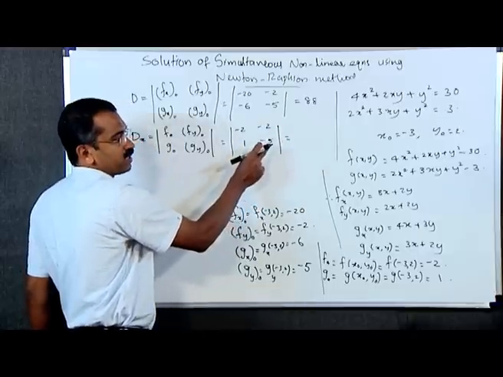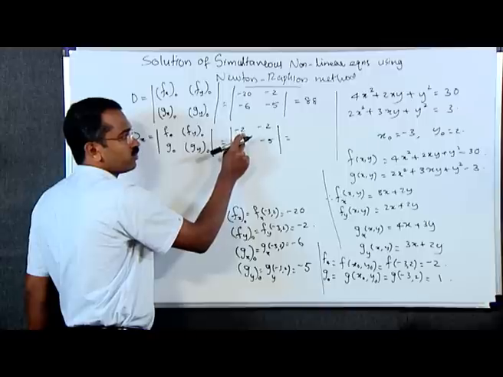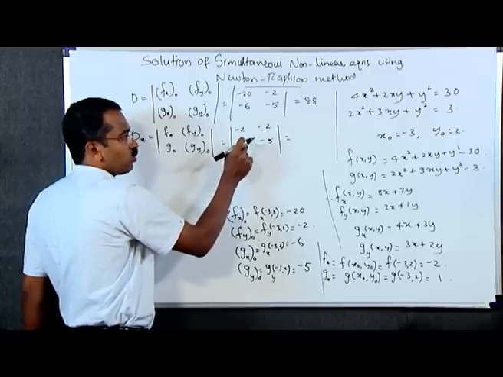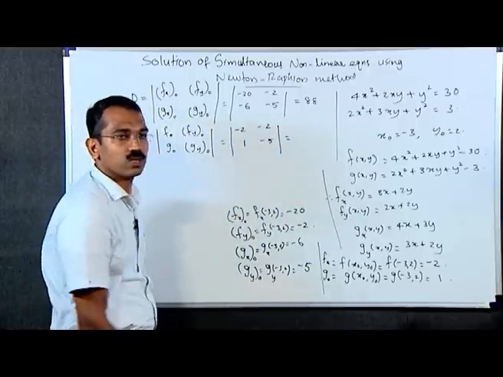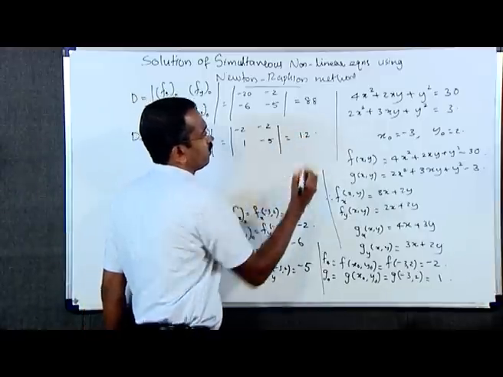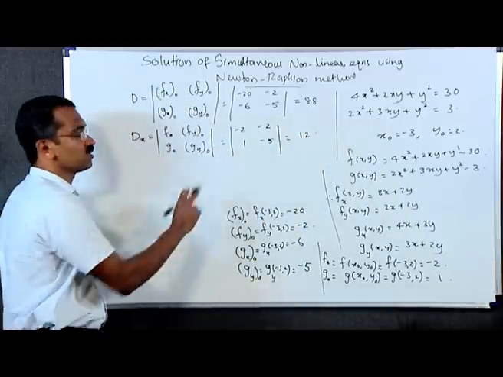The value of this determinant is minus 5 into minus 2 minus 1 into minus 2, which is equal to 12. That is, the value of Dx is 12.